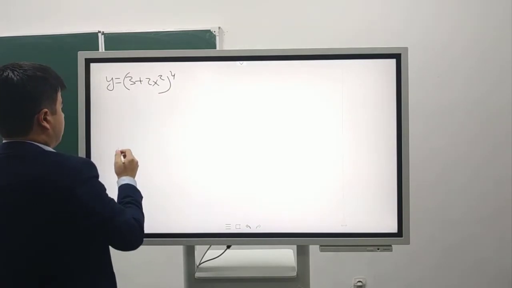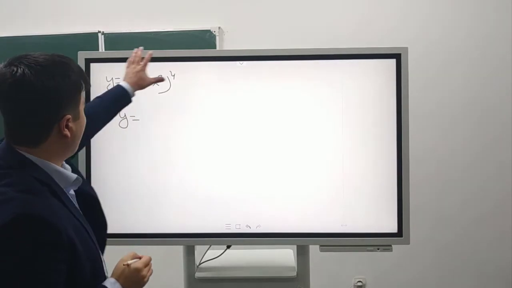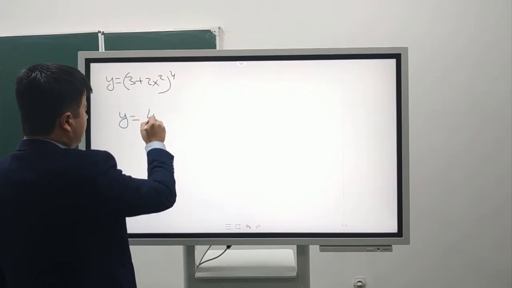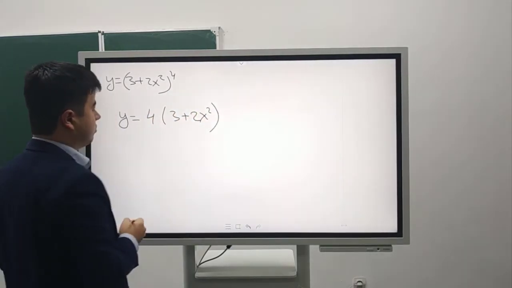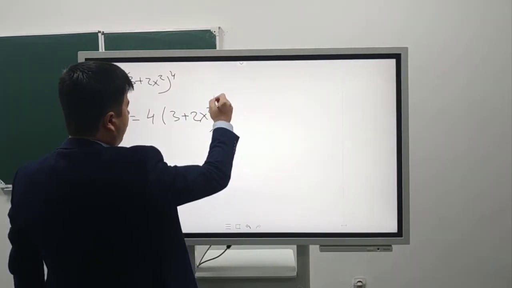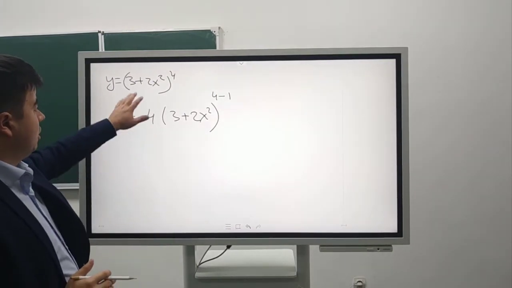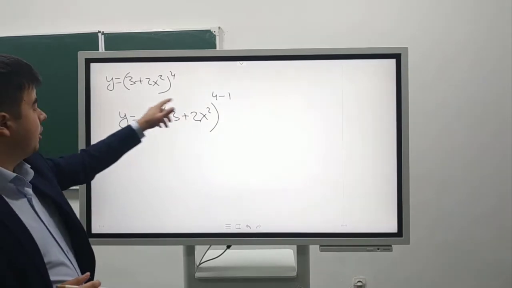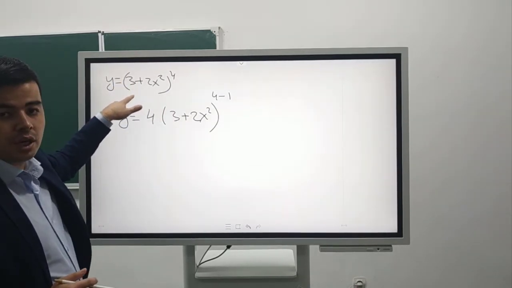So now let's take the derivative of this power function. Firstly, it is 3 plus 2x squared, times the power of 4 minus 1. This is a power function: x to the power of n gives n times x to the n minus first degree. Here also the same, 4, and this is just like our x now.